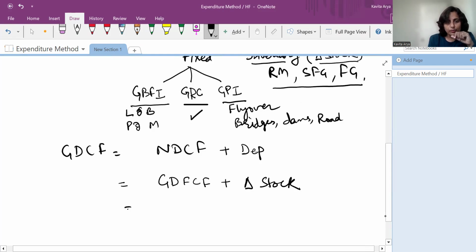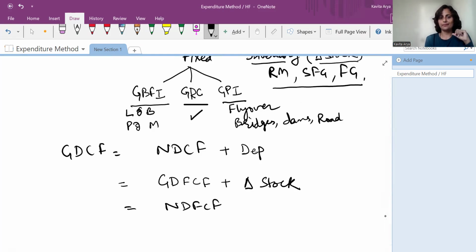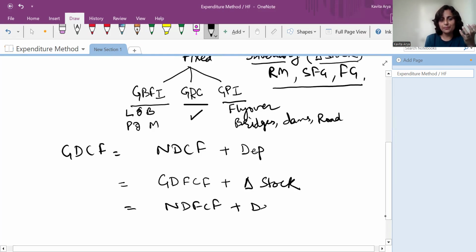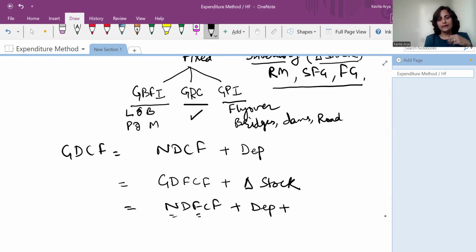On a very similar note, we can be given NDFCF, means net domestic fixed capital formation. So when we're talking about net, it means we need depreciation to make it gross. Now it is gross. And when we have fixed, means we have to add its counterpart, and that is the change in stock.